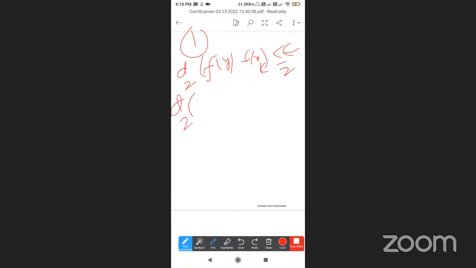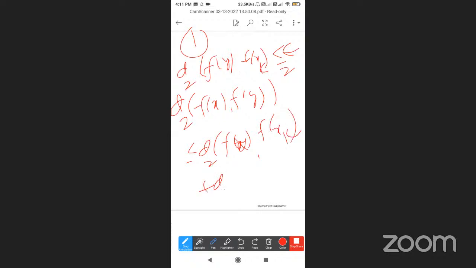Now taking d2 of f of x comma f of y, by the triangular inequality this is less than or equal to d2 of f of y comma f of xk plus d2 of f of xk comma f of x. So from the third and fourth, this is less than epsilon by 2 plus epsilon by 2, which is equal to epsilon.